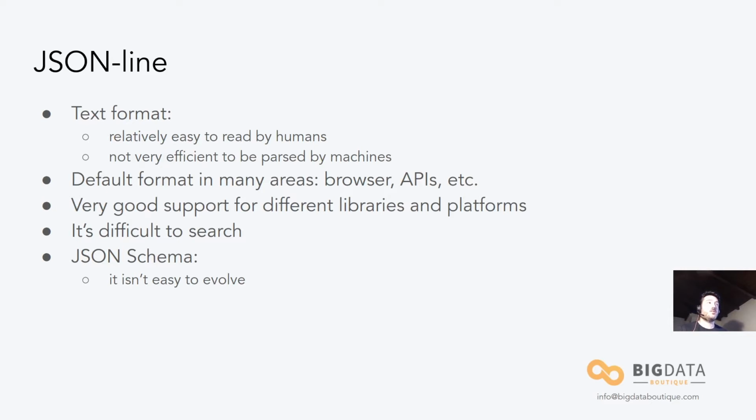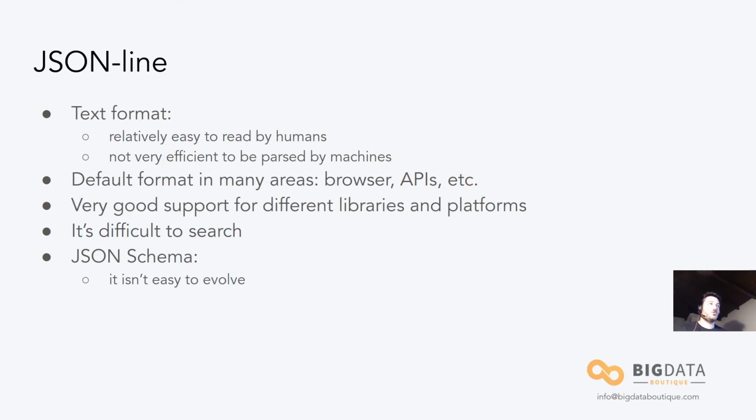That means the support from libraries, platforms, and programming languages is really good. You have a lot of libraries which are quite efficient at parsing JSON files. But the limitations of a text format are there.